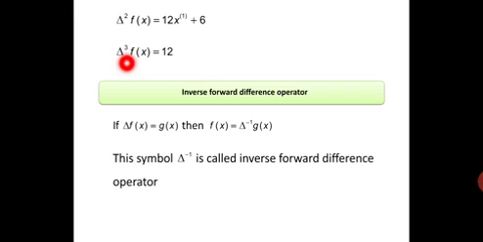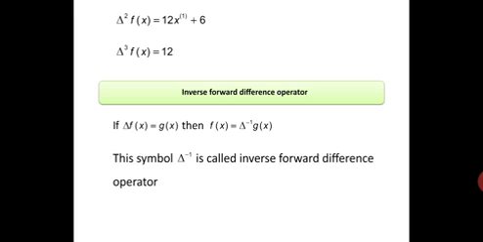Now for delta cube I apply it again: x factorial 1 gives 12. So we have applied the differences successively and finally got delta cube of f of x. In this way we have to solve the problems.